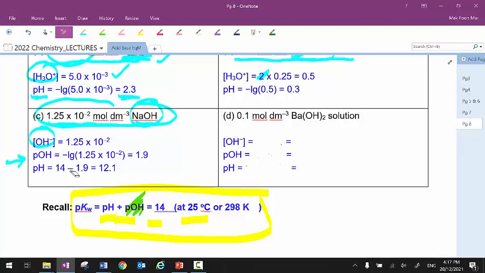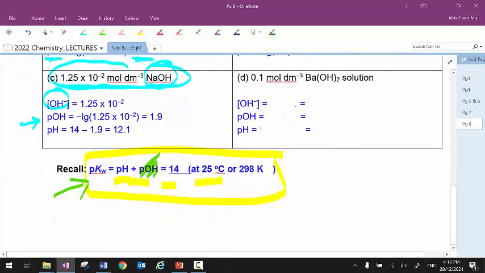So remember, for the alkali, you've got to find the hydroxide concentration, then you find pOH before you can find pH using the pKw relationship. Some of you will think that we can also do this alternatively, using Kw, which is equal to H plus concentration times hydroxide ion concentration.